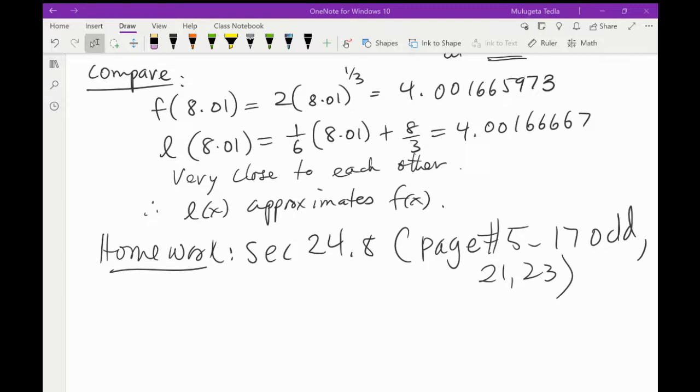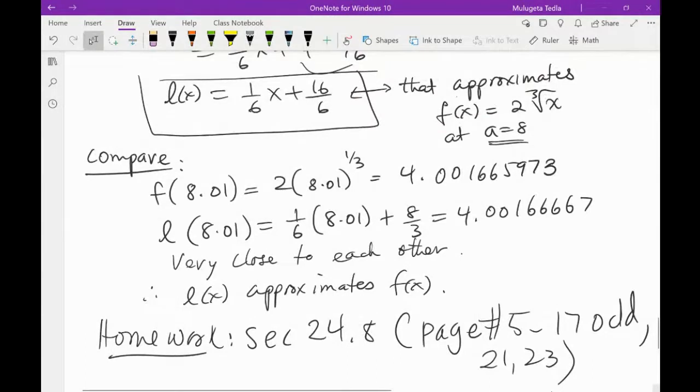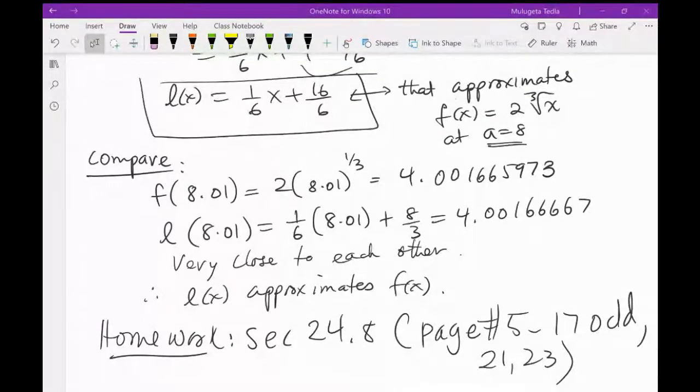So we have time. For the homework of section 24.7, right, Michael? Oh, I'm lost.